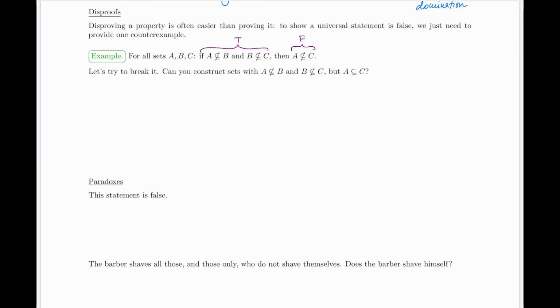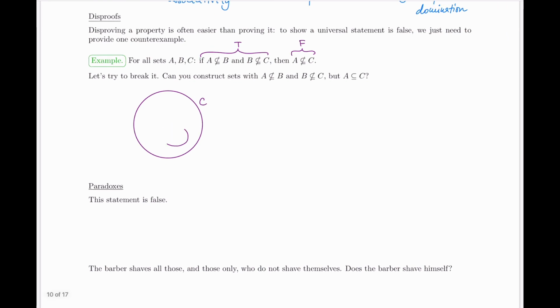So let's see, what are the things that we have? I want A not a subset of B, B not a subset of C, but I need to have for sure that A is a subset of C. So I'm actually going to start with drawing this case, A being a subset of C. Okay, so let's say I have my set C here, and A is going to be a subset of it.